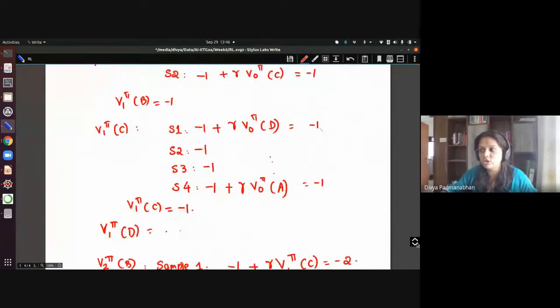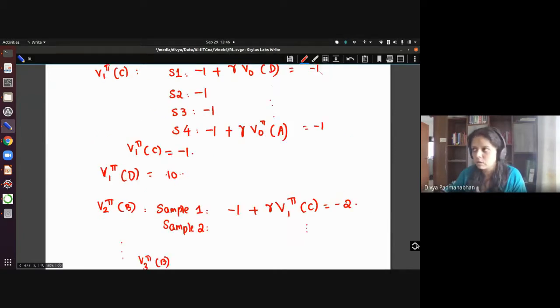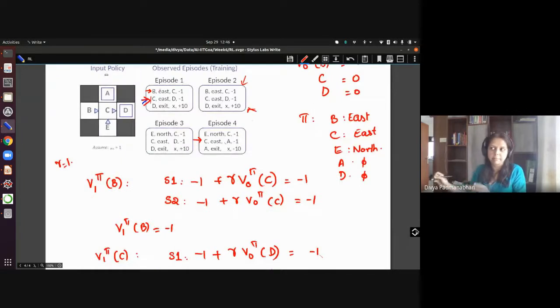So here you're going to see a value of 10 if you complete these steps, and so in V3 this is going to also show an effect. V2 also you'll get as a 10, and so that way it cycles, and finally it will converge to the right value, if you have enough samples.